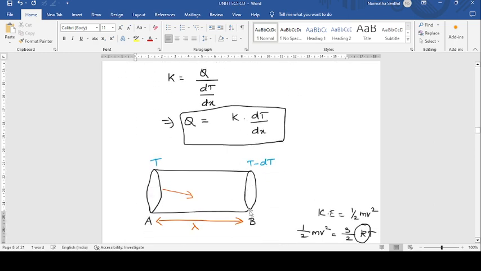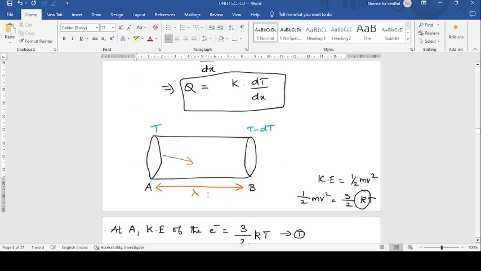Now we are going to find the thermal conductivity. For this, we take a cylindrical rod whose ends are A and B. The distance between the two ends A and B is taken as lambda, and A is the high temperature region and B is the low temperature region. The temperature at A is denoted as T and the temperature at B is denoted as T minus dT. Obviously, heat flows from the high temperature region to the low temperature region.